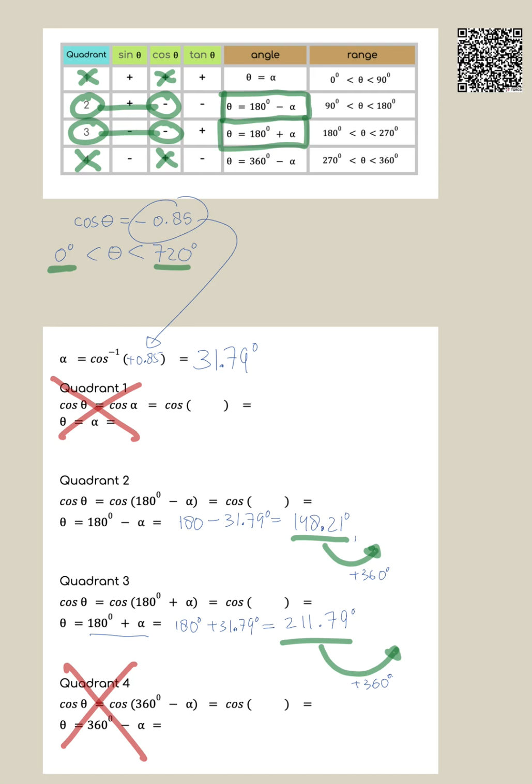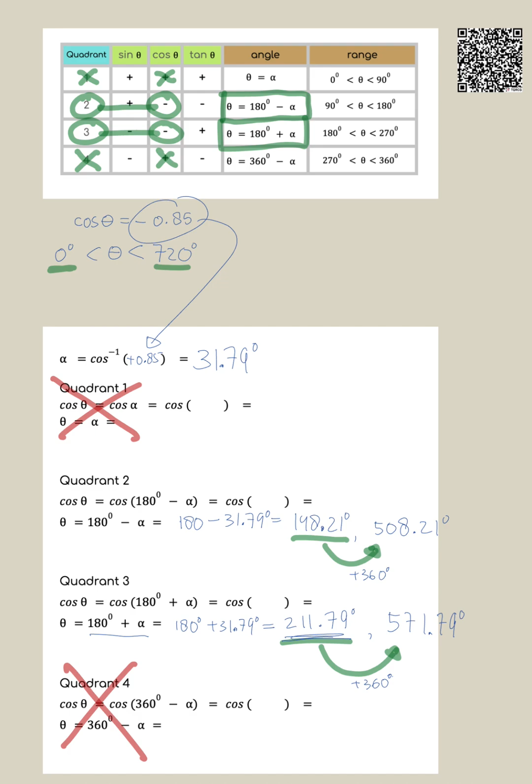How much do you get? 508.21 degrees. For 211.79 for quadrant 3, we need to add 360 also. 211.79 plus 360, we get 571.79 degrees. So we have how many answers? 4 answers.